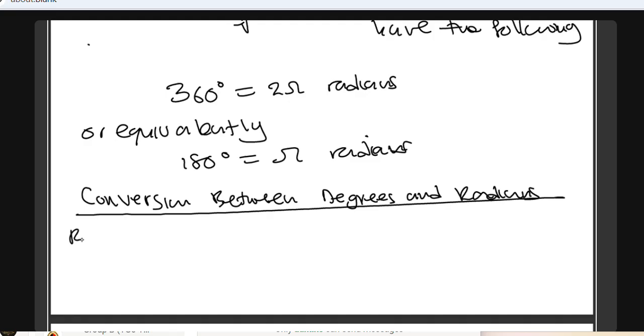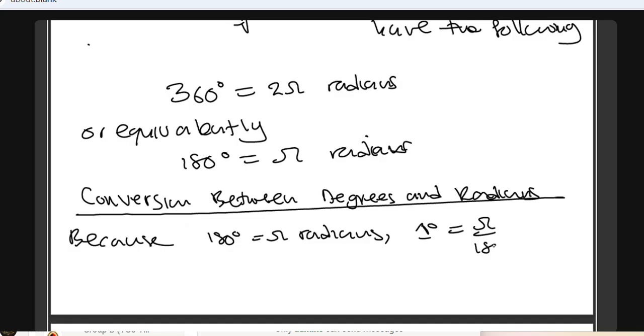Because 180 degrees is equal to pi radians, 1 degree is equal to pi over 180 radians, and 1 radian is equal to 180 degrees over pi.